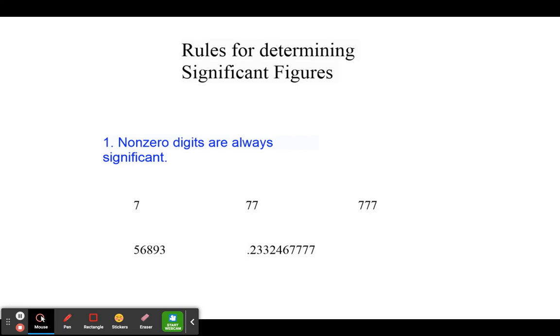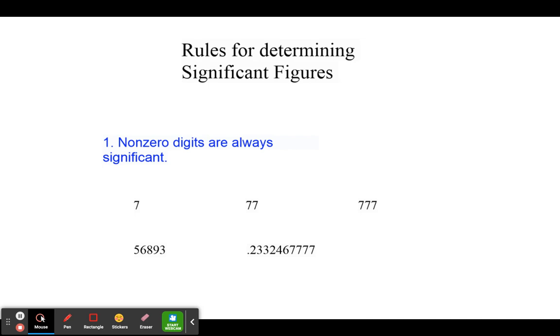So how many? In the first one, 7, that's one significant digit. 77 has 2. 777 has 3. The next one, 56,893, has how many? 5. And 0.233246777 has how many? 10 significant digits.